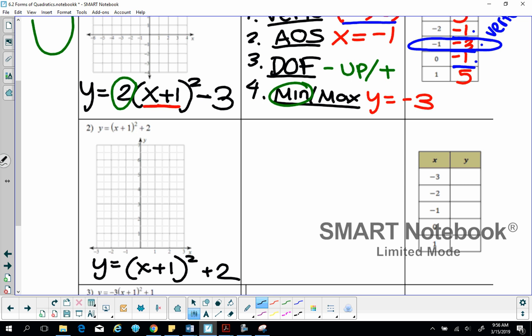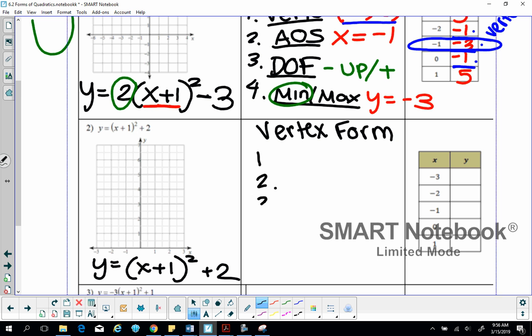It's in vertex. It looks like the one above, right? See how there's parentheses involved? Because of that, I know it's vertex. So what things can I get from the vertex form? Vertex, axis of symmetry, direction of facing, and min and max.